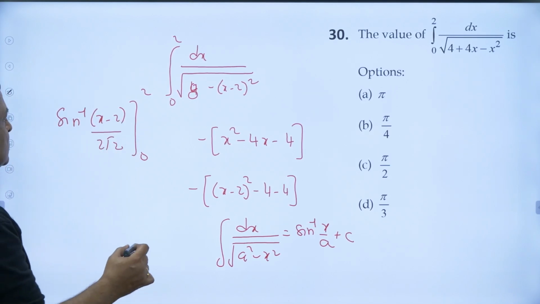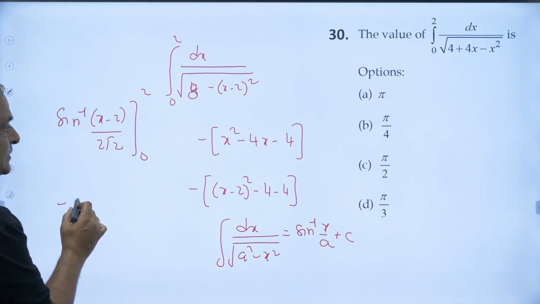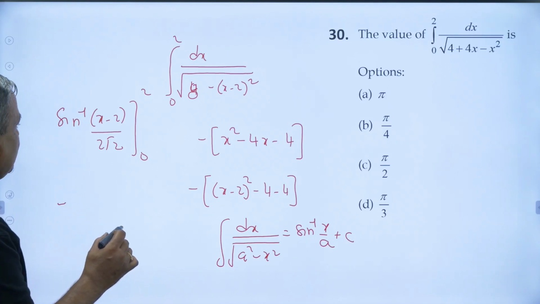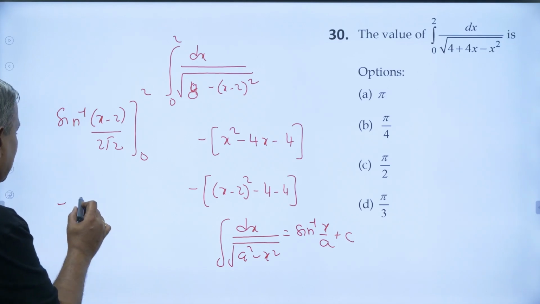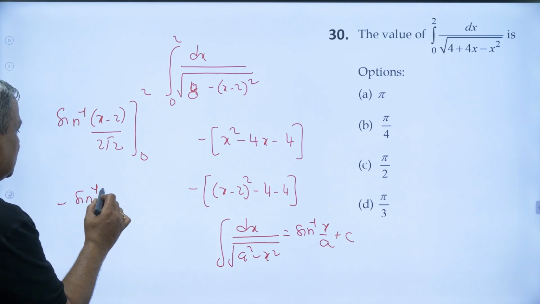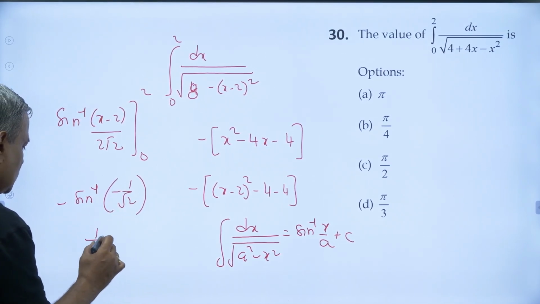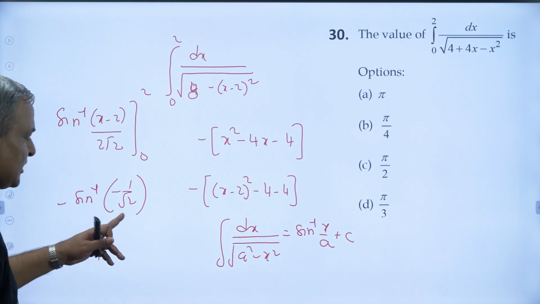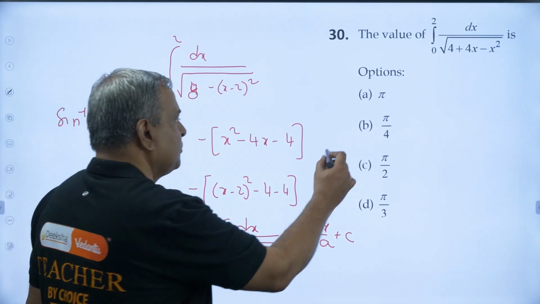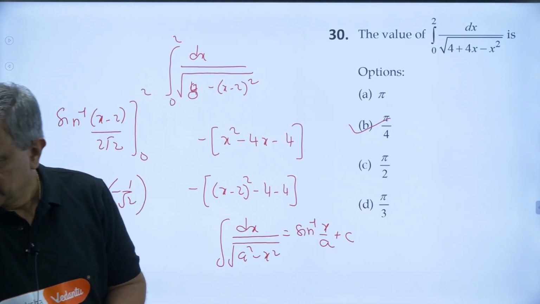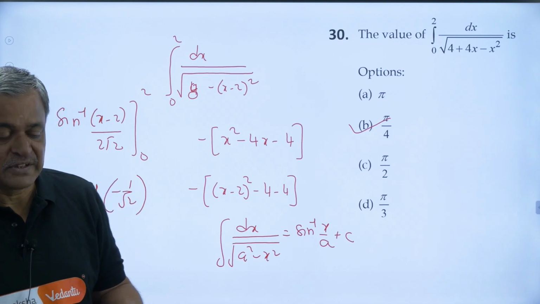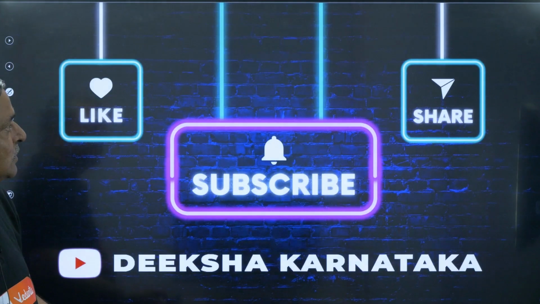Lower limit will be minus sine inverse of minus 1 by root 2. This will give you pi by 4. This is minus pi by 4, minus minus, plus pi by 4. Option B is correct. Let me check. Option B is correct. Okay.